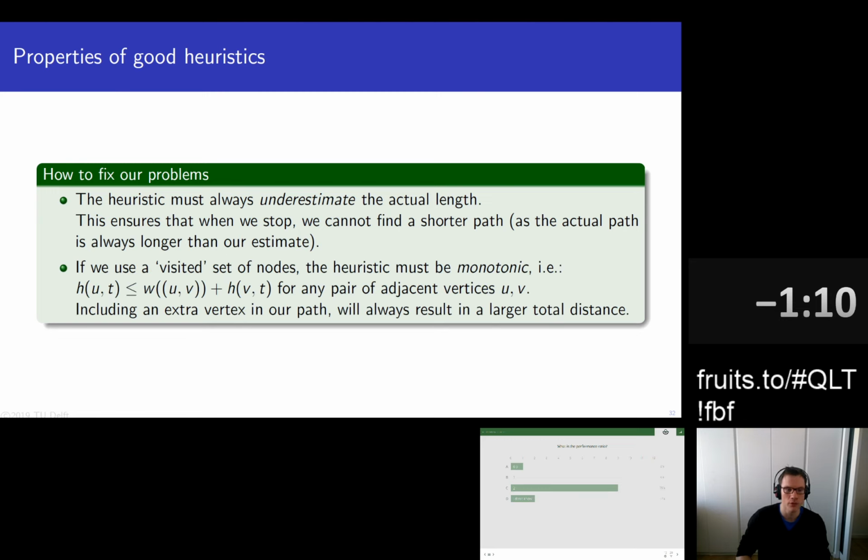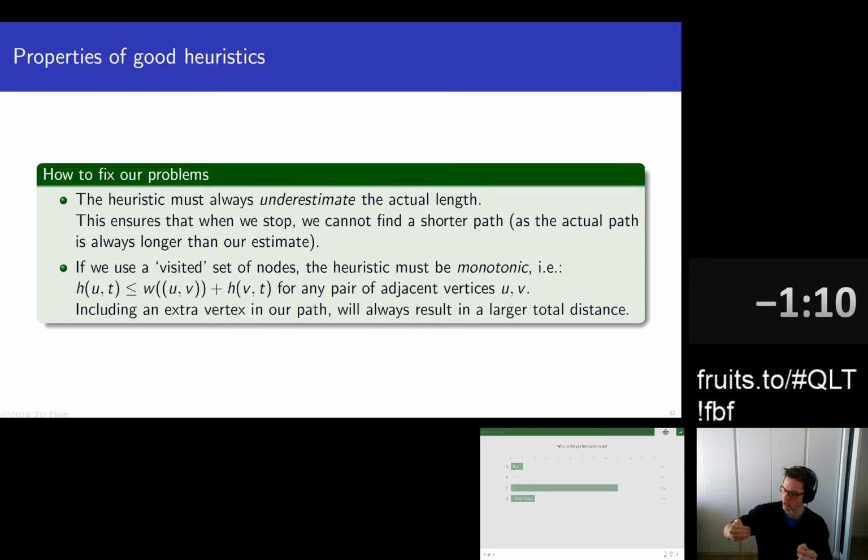What else? Well, if we have this cloud or this visited set of nodes, then our heuristic must be monotonic. What does that mean? It means that getting from a vertex U to a vertex T must always be, the heuristic from U to T must always be less than going from U to V, and then the heuristic from V to T. Right?